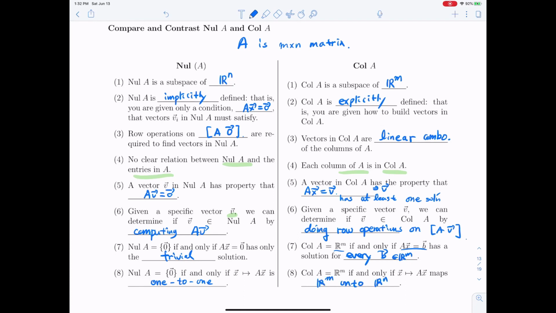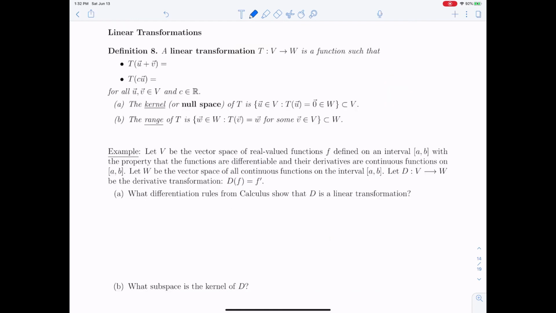And there is a nice connection between the null space and the column space, and we will see the connection in later sections. A linear transformation is a function between vector spaces such that it splits the addition like this, and you can factor out the scalar multiplication outside of the function.